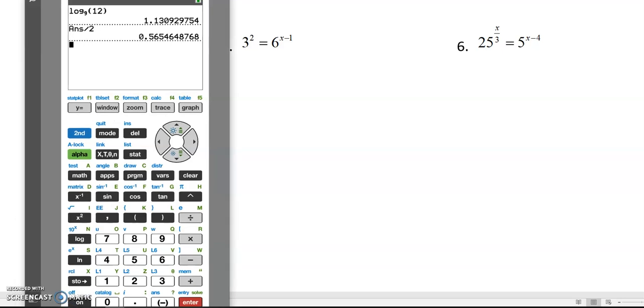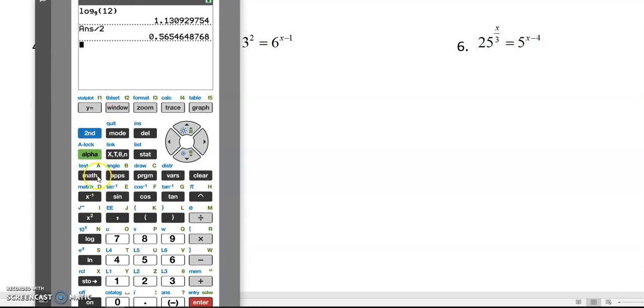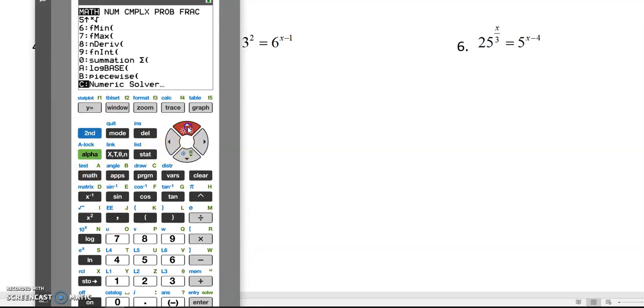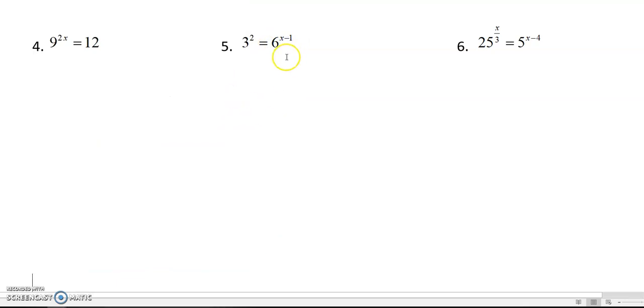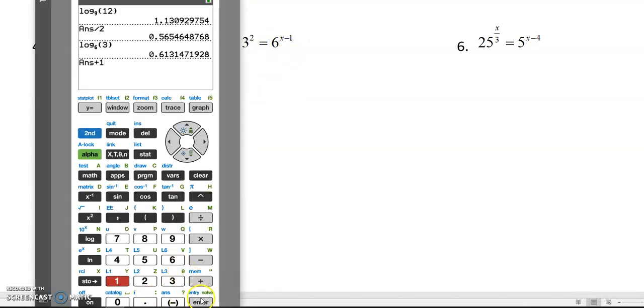Alright, so we've got log, go to math, go to log base 6, our y was 3, because remember we didn't have an exponent there. Alright, let me get that out of there. So our log base 6 of 3 gives us this decimal, and remember we said we were going to add 1, because right here in the exponent we had to add 1. Okay, so we get 1.61.